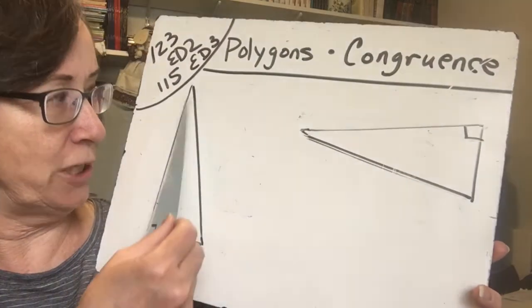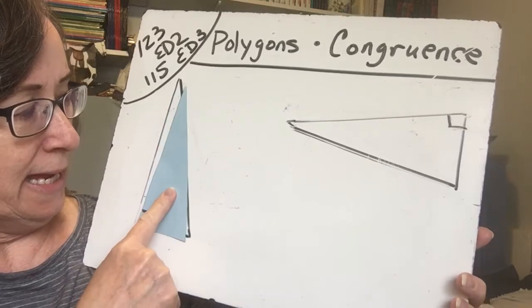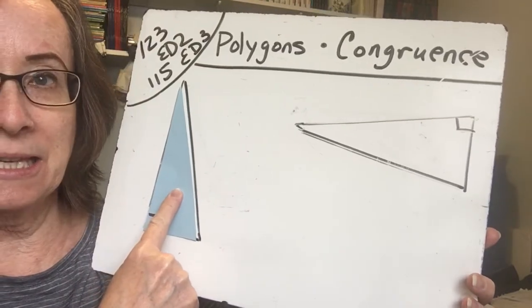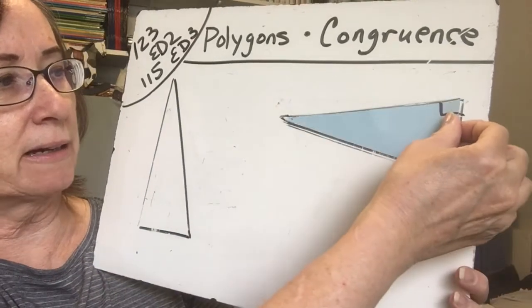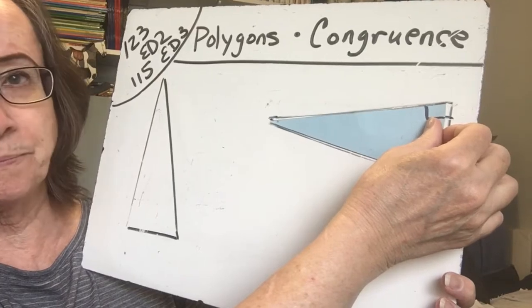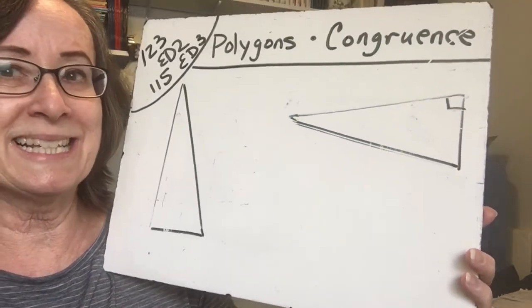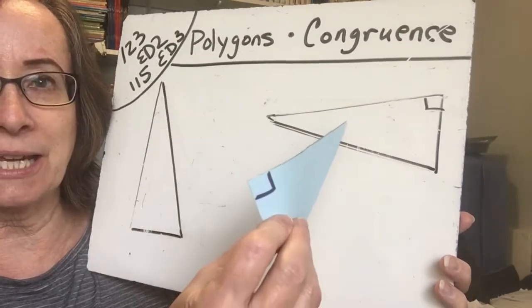We have two shapes in our book on practice problem A, and we've got this triangle, and then the congruent triangle is over here, but it is in a different orientation. So what steps would we have to go through to get from here to here?